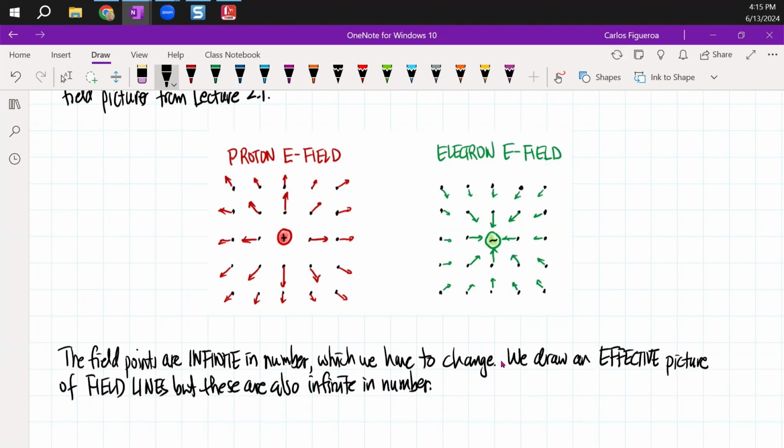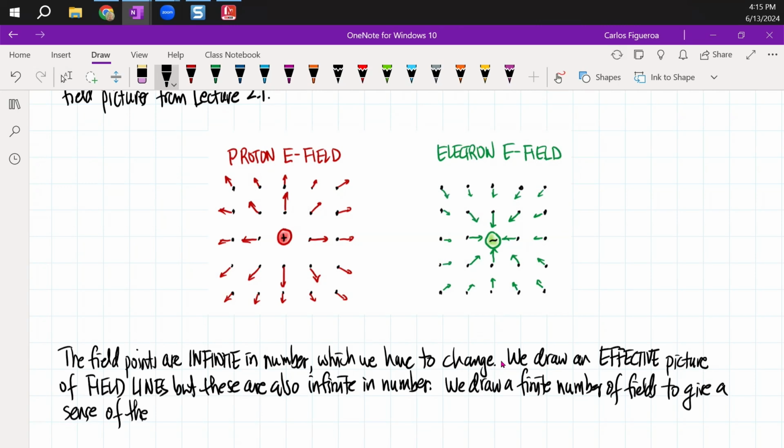So in this situation, we draw a finite number of field lines to give a sense of the field.